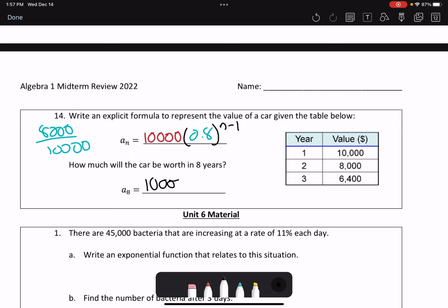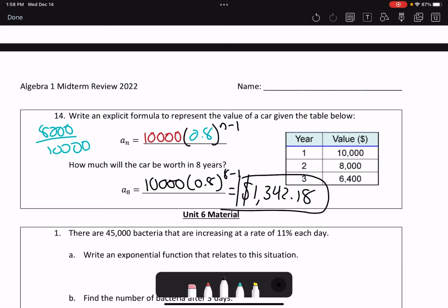So that's going to be 10,000 times 0.8 to the 8 minus 1 power. And that means the car after 8 years is only going to be worth $1,342.18. All right, guys, we will continue on with applications of these exponential functions after this video.